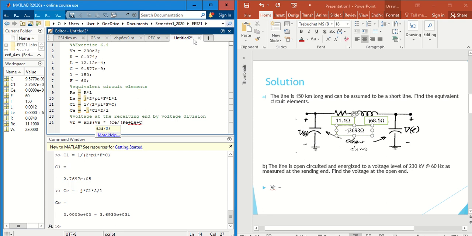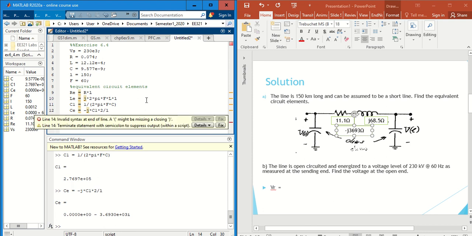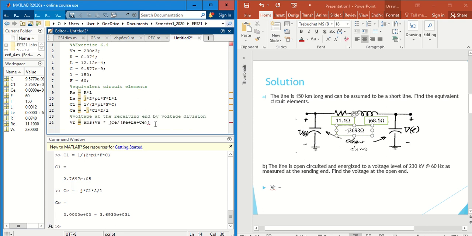Remember why I've said this? Because we want to find the voltage here, so we are going to use voltage division. So we are going to say Ce, this impedance here, divided by the total impedance. So let's see what we get. This is correct. Okay, let's see another.